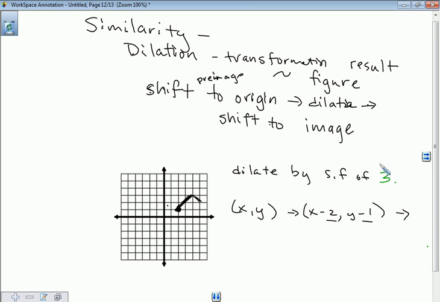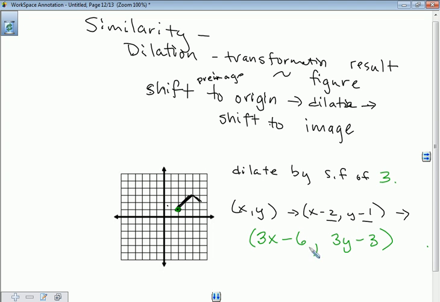Okay, so the mapping for this one, if this is our figure, first we'd shift it back to the origin, so this point would have to go left 2 and down 1. Then we multiply through, and this class period we're going to do a scale factor of 3, so that would make 3x minus 6, 3y minus 3. Then we're going to shift back to this point.